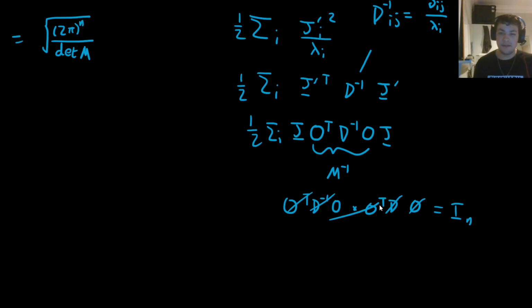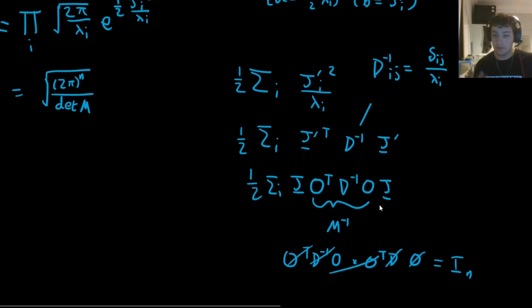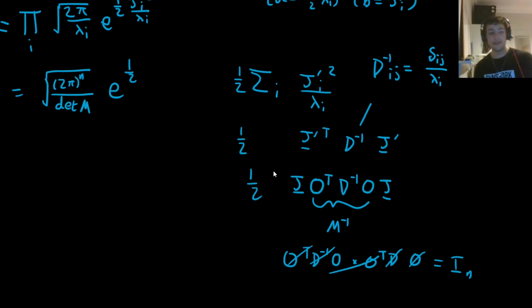We get the identity. So this is going to be e to the 1/2. These shouldn't have had sums, because the sums are in the vector notation. My bad. 1/2 j transpose M inverse j.